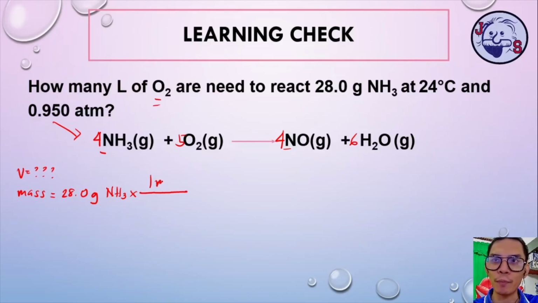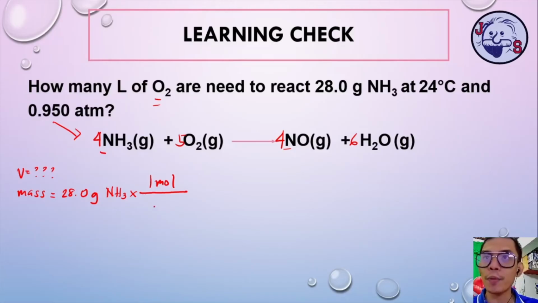So we have the mole. We must get the molar mass of NH3. So what is the molar mass of NH3? We have 14.01 plus 1.01 times 3.